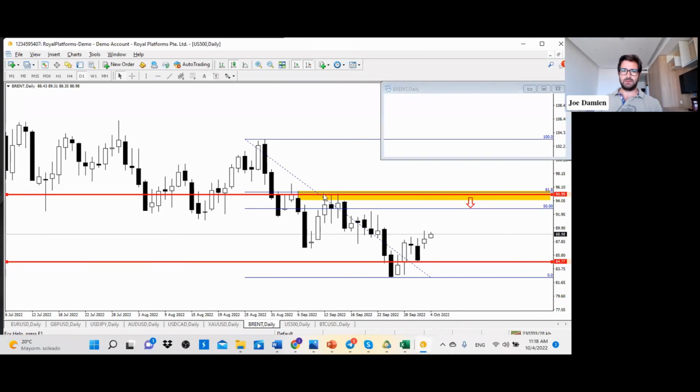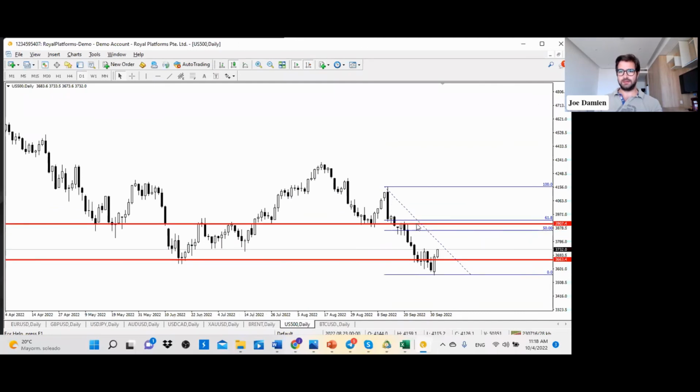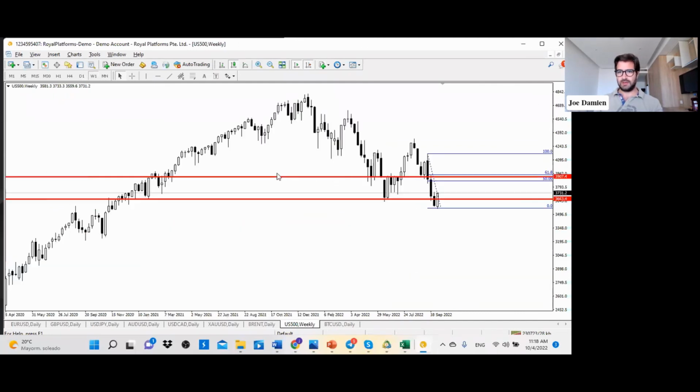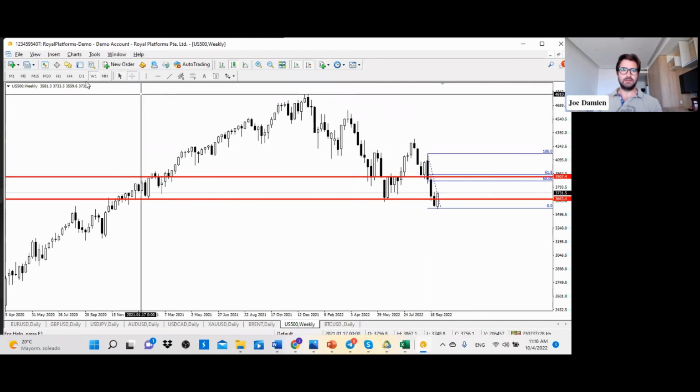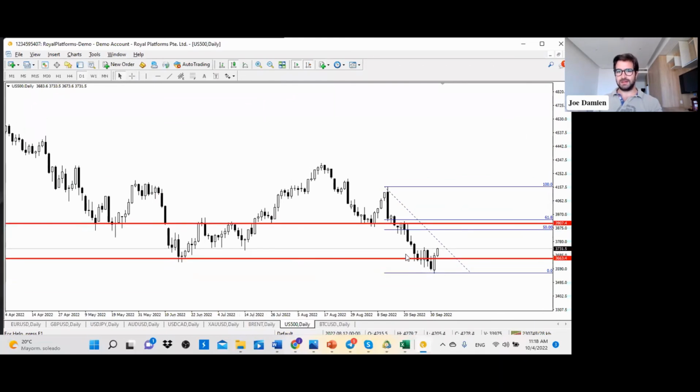Next, we have US 500. US 500, also on the higher time frame, we have a downtrend. You can see it. On the lower time frame, which is the daily one, the market found some buyers here and failed to break this level, 3,663.